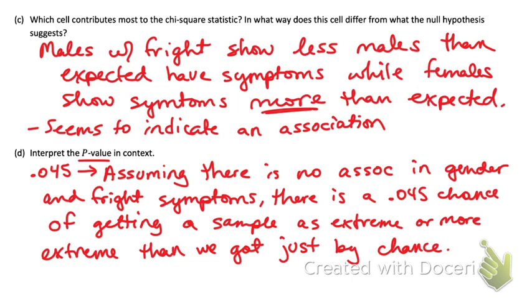That's a lot, isn't it? Basically, there's a 4.5% chance that was just sampling variability and not an actual difference in gender and fright. So, okay? Everybody good on that?